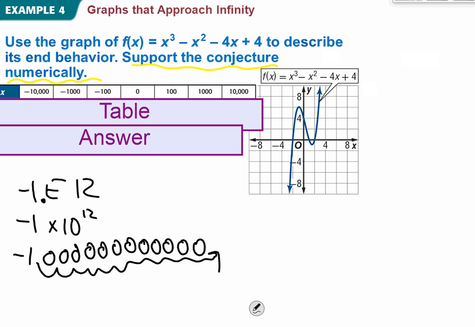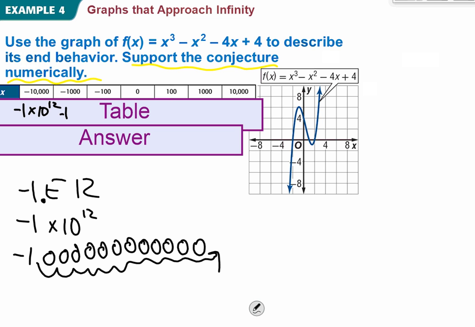And so -1 times 10 to the 12th is a very negative number. So take a minute and look at what it is for -1,000. Is that negative 1 times 10 to the, tell me the power, to the ninth?